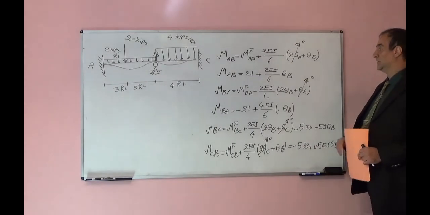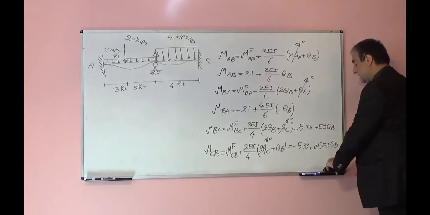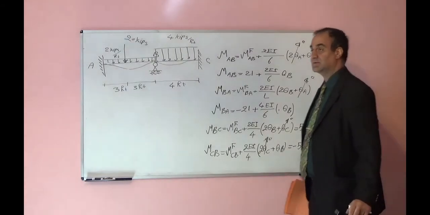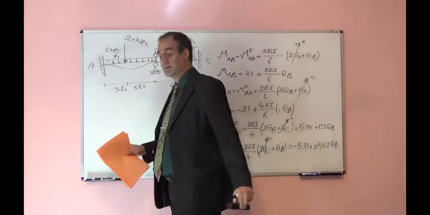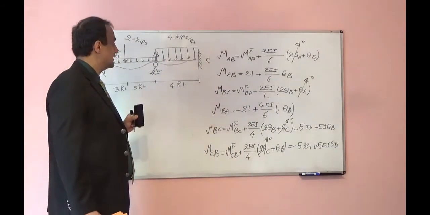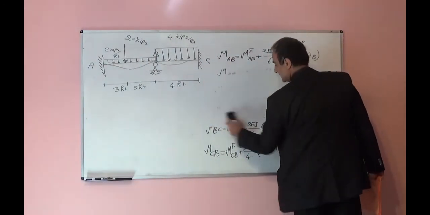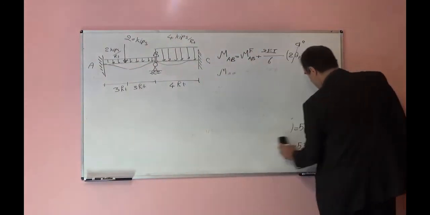After I wrote the slope deflection equations, I should look at the degrees of freedom I have here, theta B, and over there, what is the equilibrium equation? Let's get to the equilibrium equation.